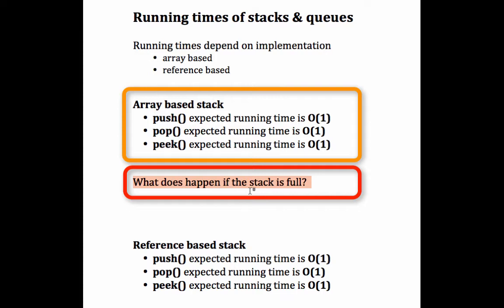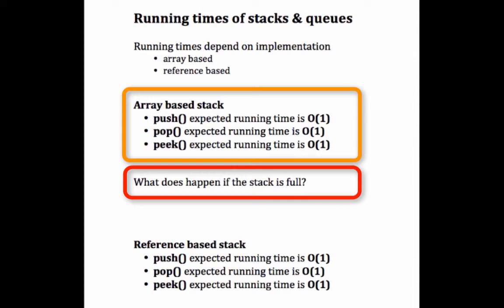Now, there is a price to pay for doing this. The process of copying from the old array into a bigger array is definitely going to be dependent on how many elements we need to copy. So if we decide to double or increase the size of the original array so that we can push more elements into the stack, then our operation to insert, which is push, will no longer be constant time.